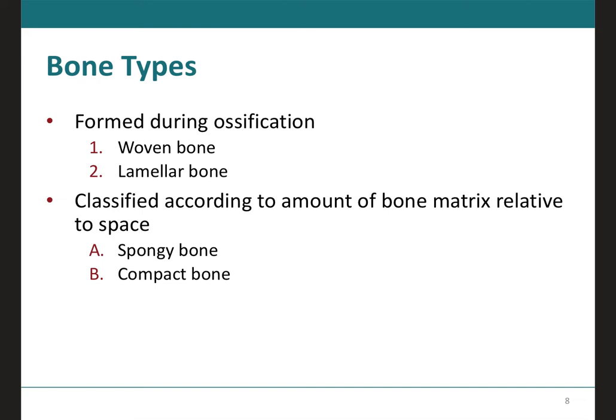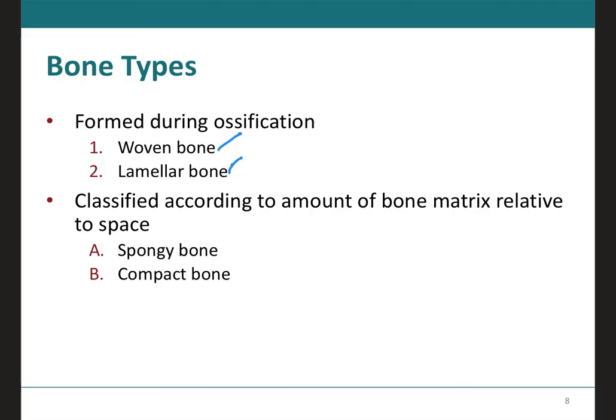There are two types of bone formed during ossification. We have what we call the woven and the lamellar bone. The woven is the first type of bone that osteoblasts form during ossification. It is fairly weak because the collagen fibers are going to be randomly oriented in many directions.